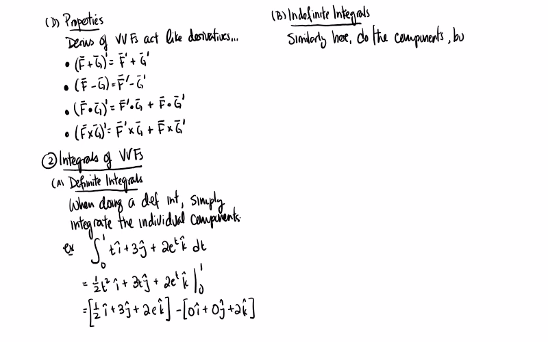But there's a catch. Let's look at an example. If we had, say, the integral of 2i plus 2t j plus e to the 3t k. So you might say, okay, well, all I'm going to do is integrate them independently. Right, so when you integrate 2, now it's an indefinite integral.